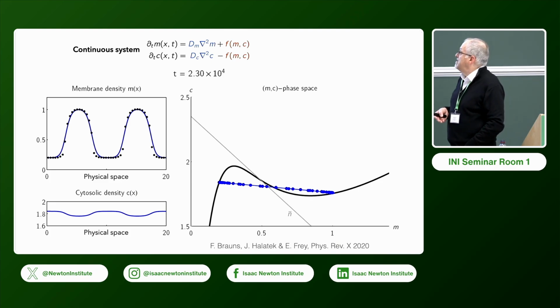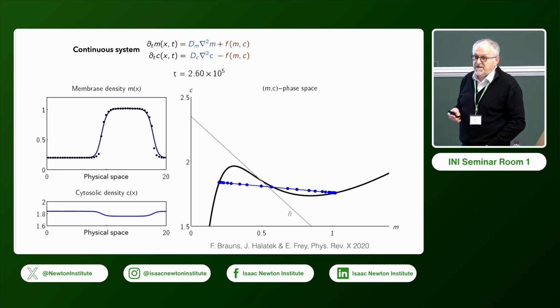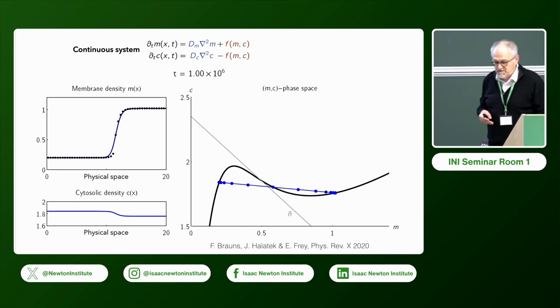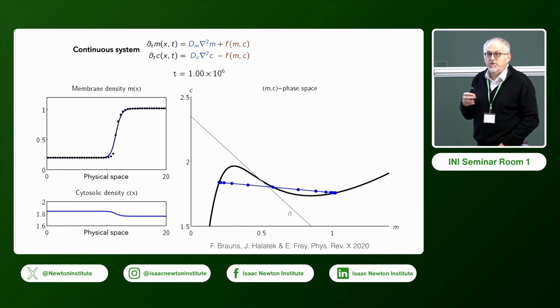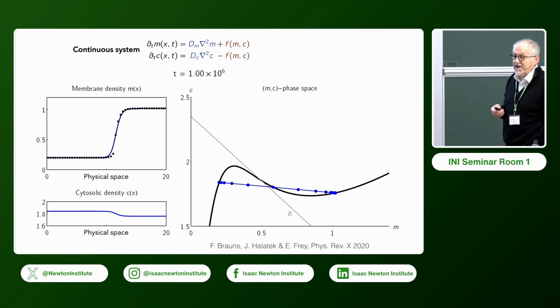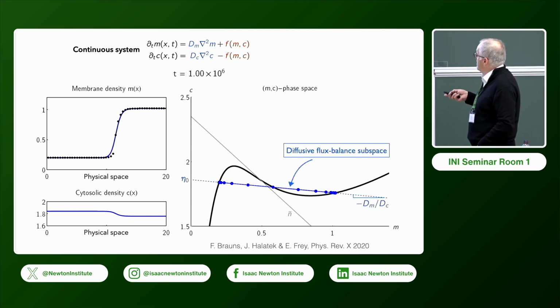But over time, the system is not stable, there is coarsening, and after a while, you just get a system that has a low density phase and a high density phase, and no longer any kind of periodic pattern. There's more. If you look at that, you can map out the space on which this pattern lies. It lies on this flux balance subspace where the fluxes in the reactions balance.